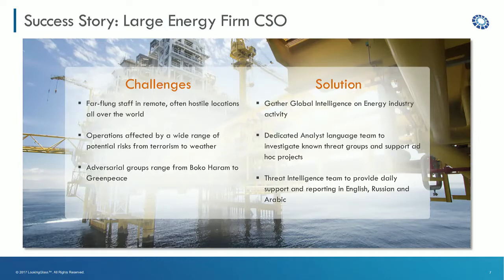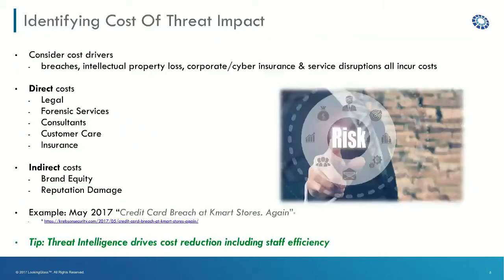And getting in front of that threat allows them to take appropriate action. So again, the key point here is that risk to the business is not just a technical aspect, but also much broader than that. And the threat intelligence program needs to focus on the entire risk, not just one aspect.